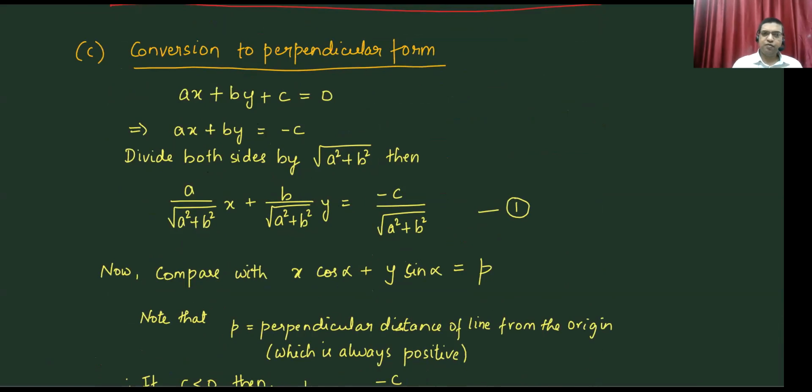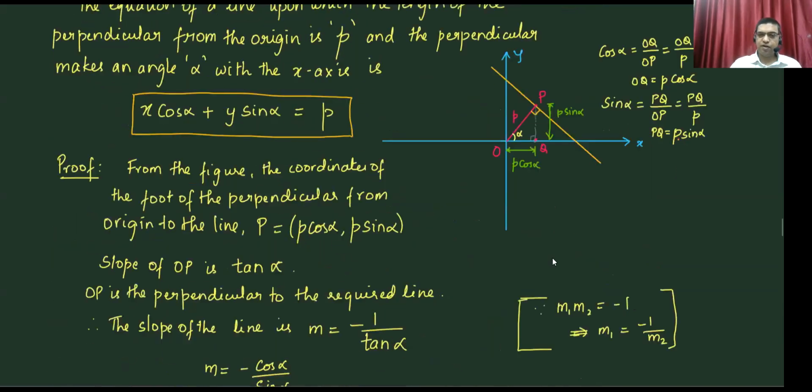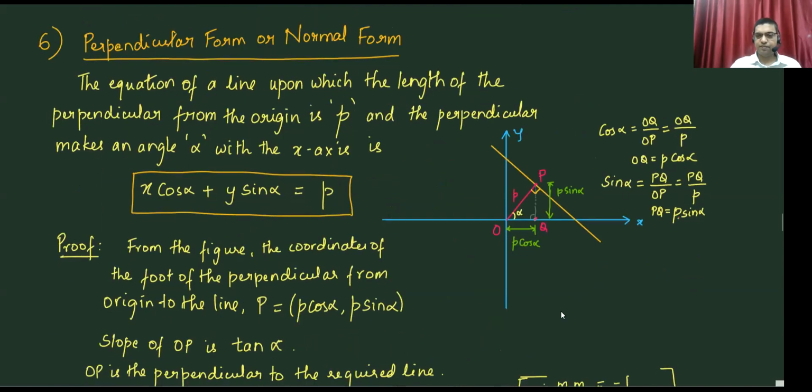What is the perpendicular form? x cos alpha plus y sin alpha equal to p. What is p? The perpendicular distance from the origin to the line. We did that perpendicular form here. p is the perpendicular distance of the origin to the line.